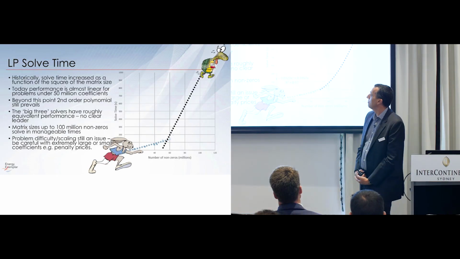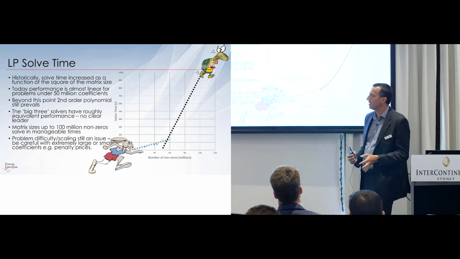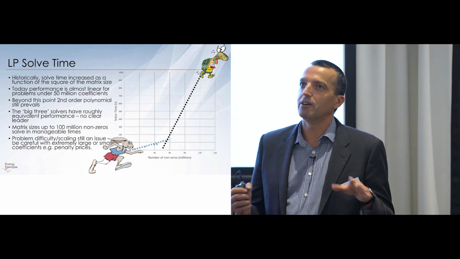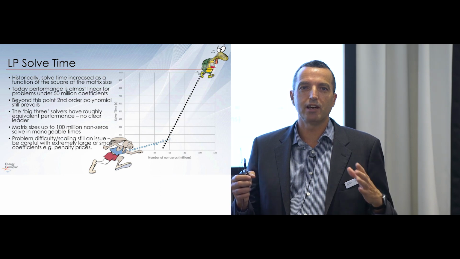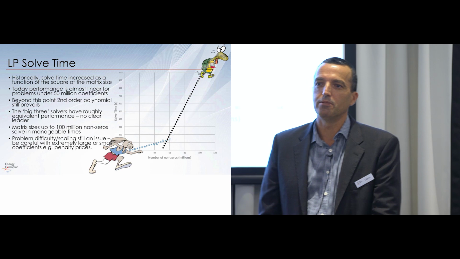So when we look at the solve time for a model, an LP, the traditional idea was that the bigger the LP is, the runtime will increase on a polynomial basis.